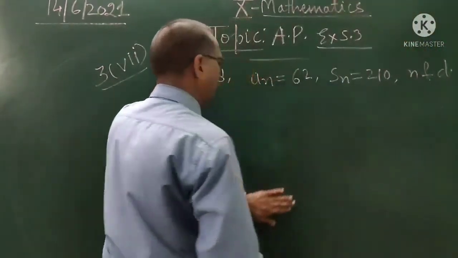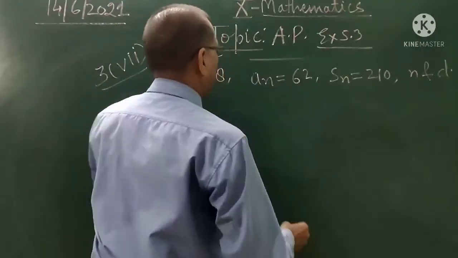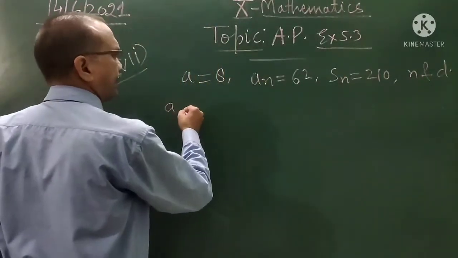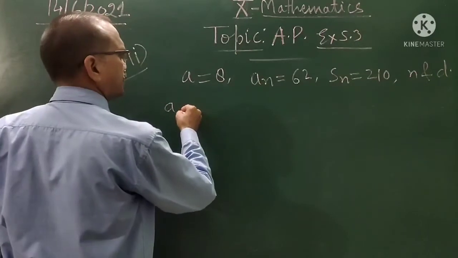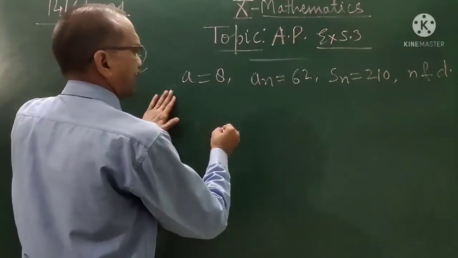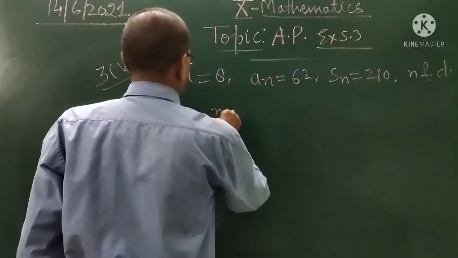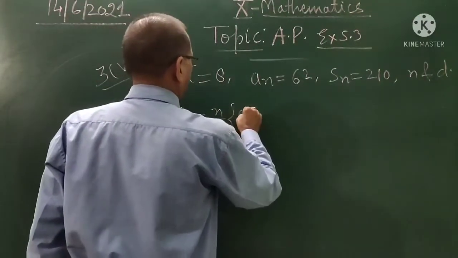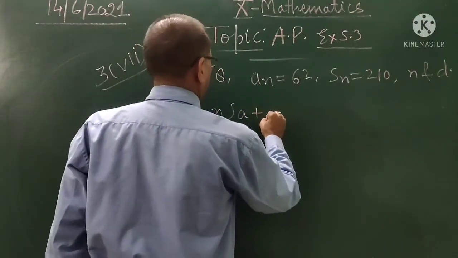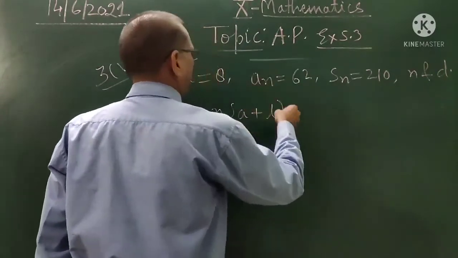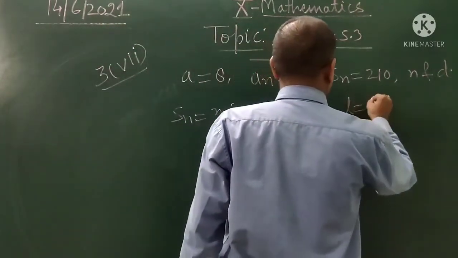There is a formula for Sn equal to n by 2 into A plus L, and L means An.